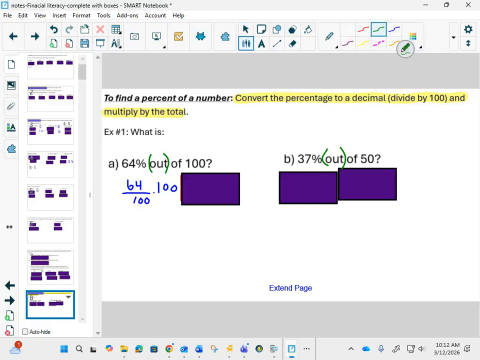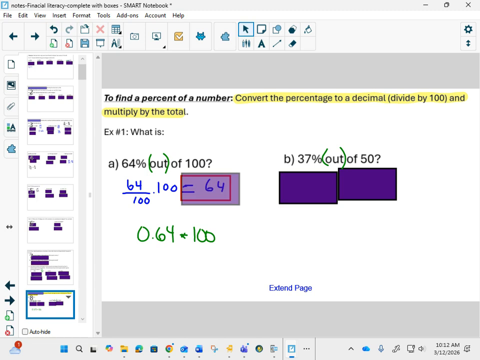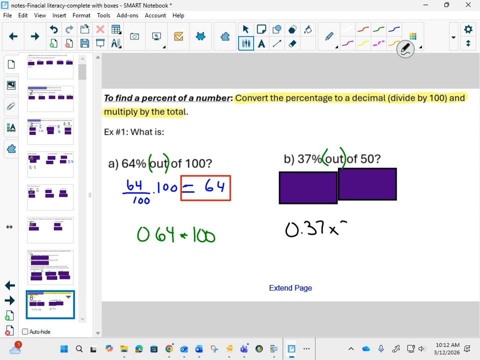For some of you, 64%, you'll just change it to a decimal right away. Then you multiply by what is out of 100. So on your calculator, you go 0.64 times 100, you get 64. 37% of 50: I would change that to 0.37 and multiply by 50.